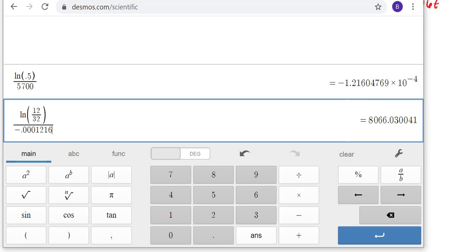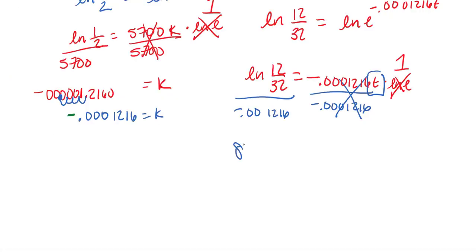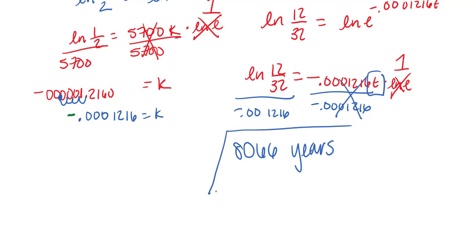And then what do we get? We get 8,066. We'll round to the nearest whole number, and that's in years. So that's how old the bone would be if it originally had 32 grams.